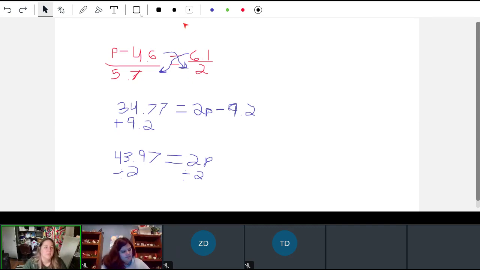And I think they rounded. Let me see. Oh, no, they didn't. They just wrote the whole answer. So 43.97 divided by 2 is what? Copy down the equal sign and your variable.